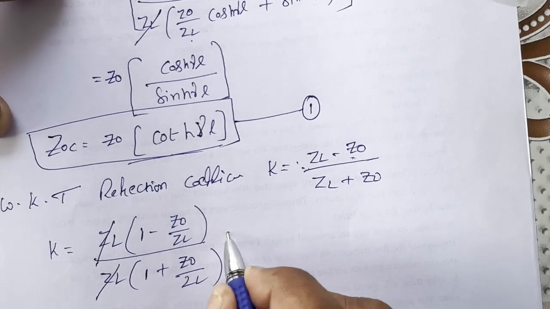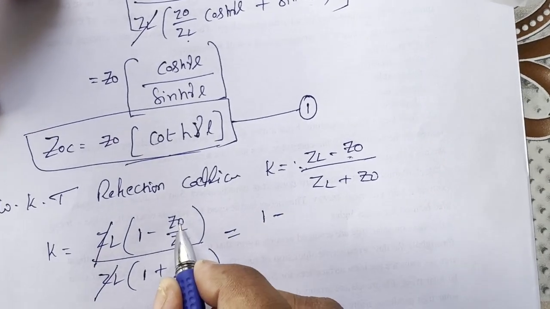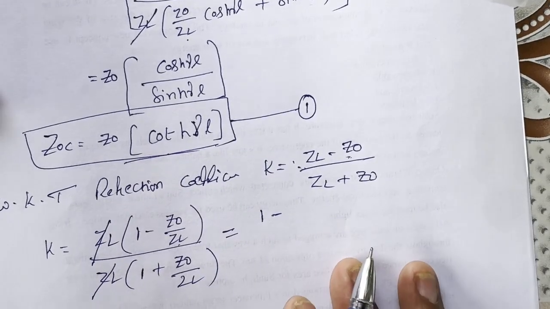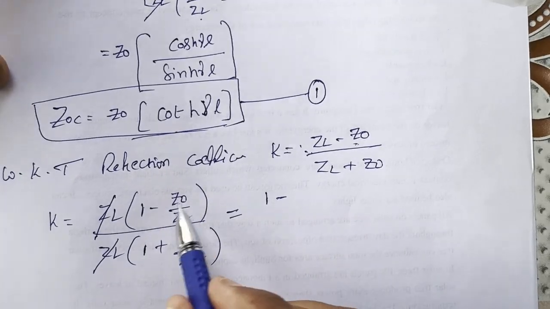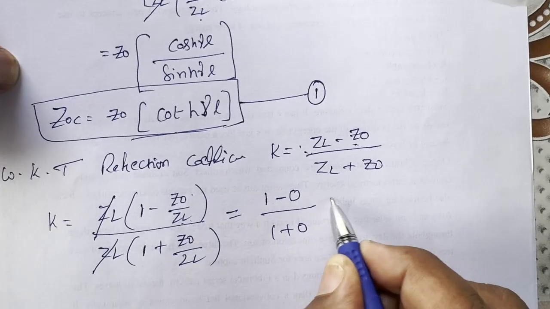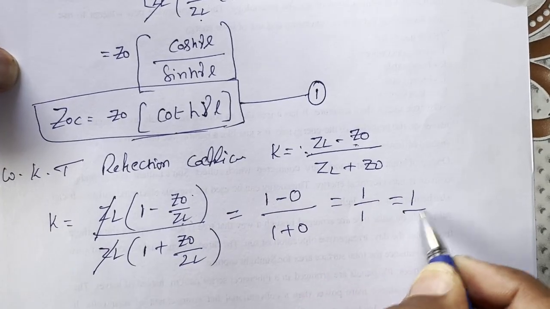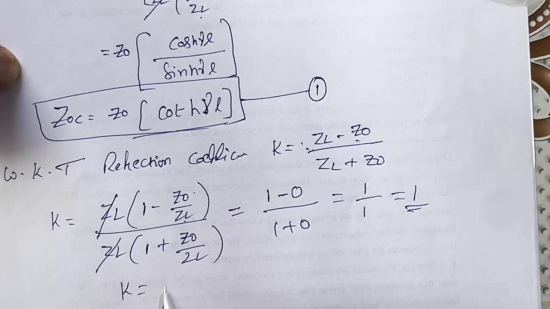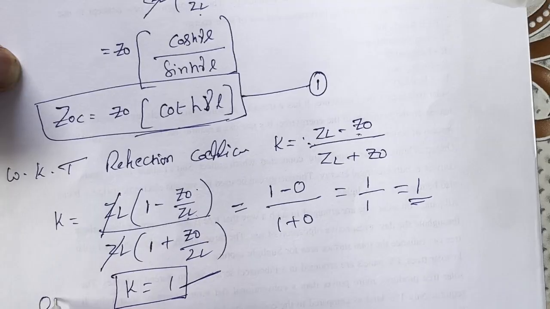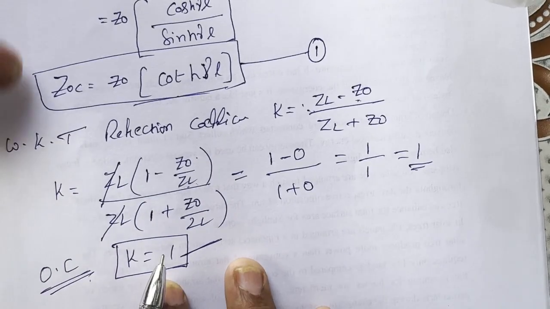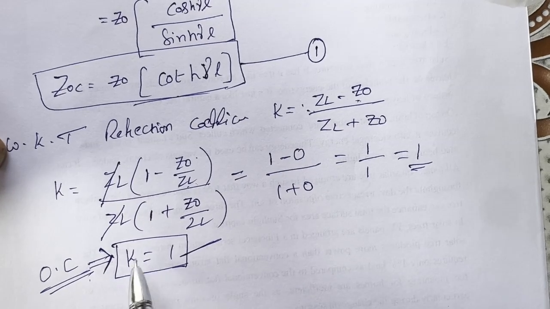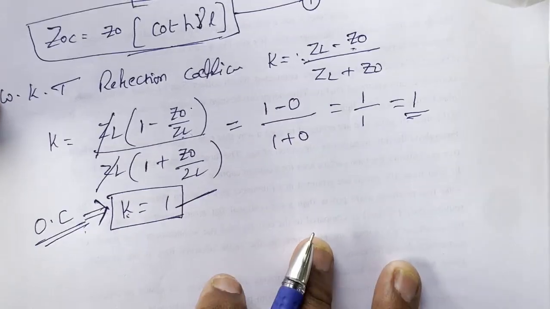ZL will get cancelled. Since ZL is infinity, it becomes 1 minus 0 by 1 plus 0, which equals 1. That is, K equals 1 in case of open circuited transmission line. In case of open circuited transmission line, the value of reflection coefficient K is equal to 1.